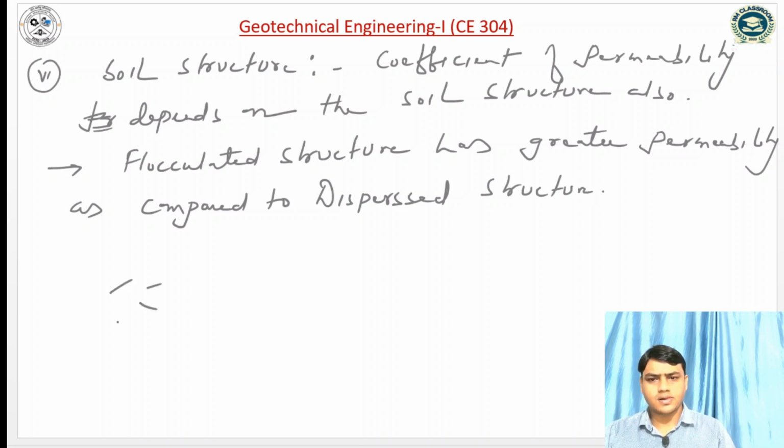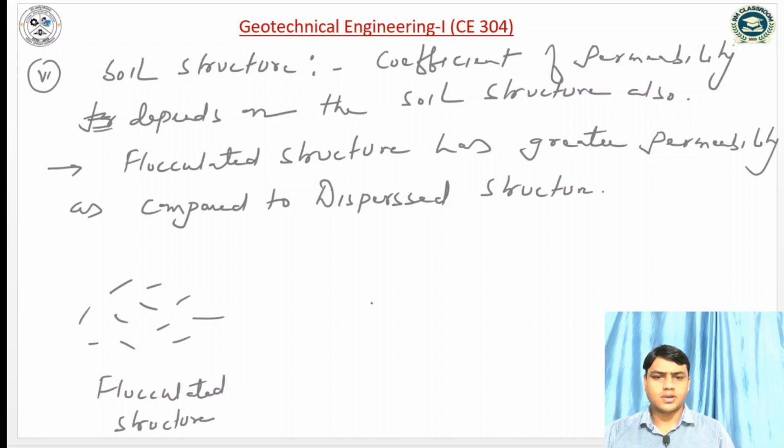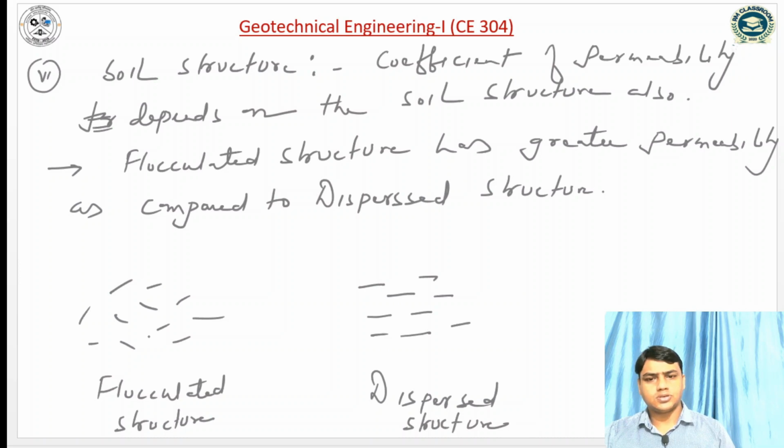So this is our flocculated structure, and this is our dispersed structure. So flocculated structure has a greater permeability as compared to the dispersed structure.